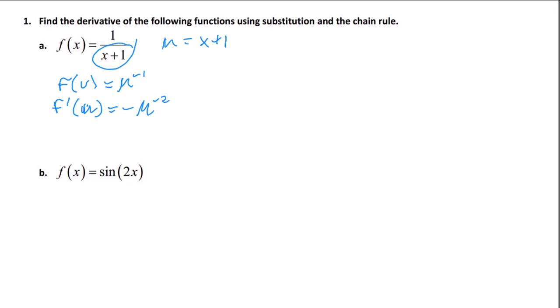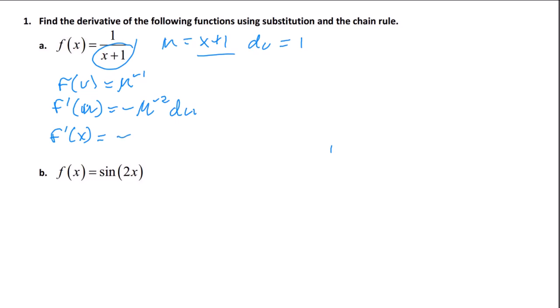Well, if this is u up here, what's the derivative of u? Isn't it just 1? I'm looking at the derivative of x plus 1. It's just 1. So I've got to put du out here because we're not talking about x right now, we're talking about u. Now I can go back and translate this. So then f prime of x, let's resubstitute here.